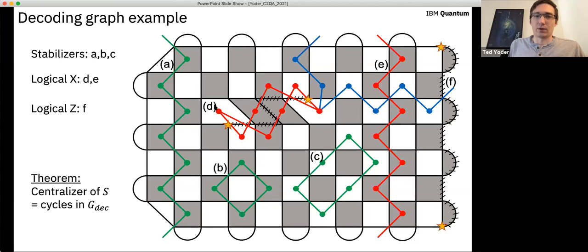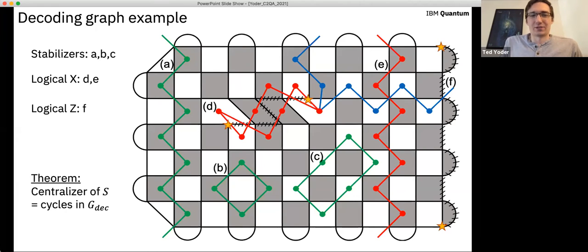And now cycle D goes around these odd degree vertices, and it turns out that cycle D is actually equivalent to the logical operator of cycle E. And you can see that because cycle D anti-commutes with cycle F just as cycle E does. And there's also only one logical qubit for this code.